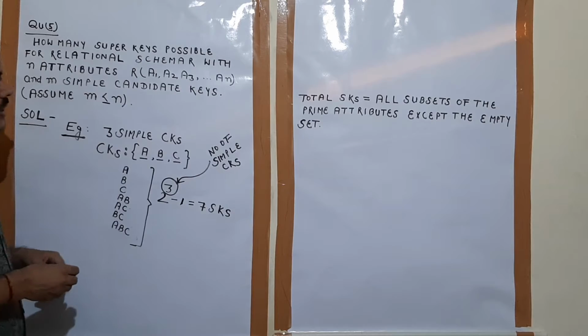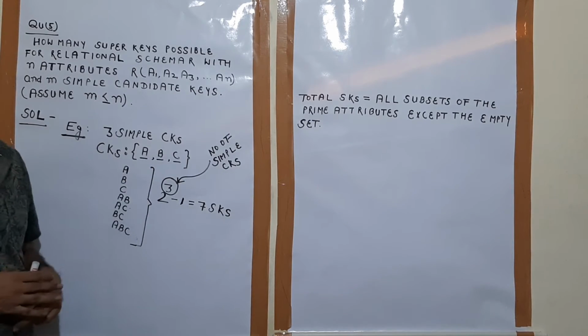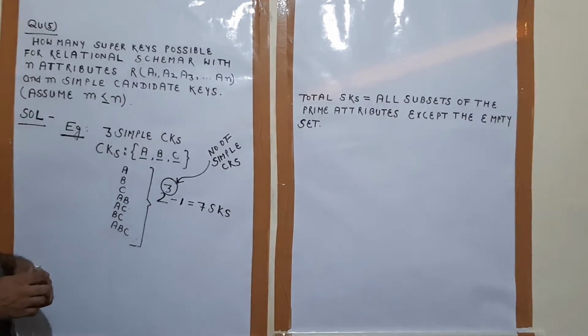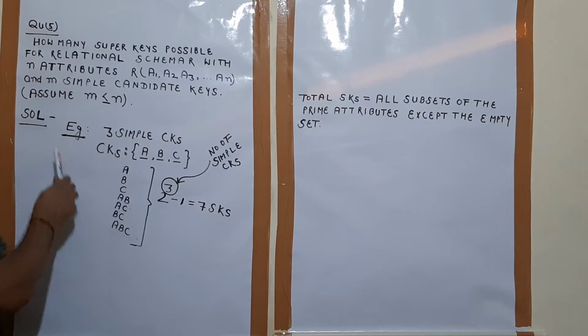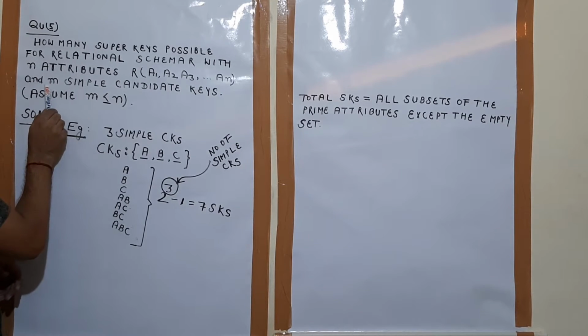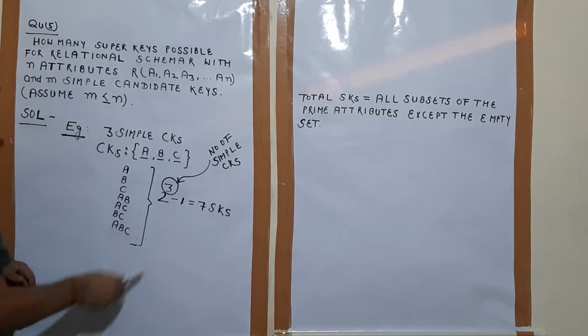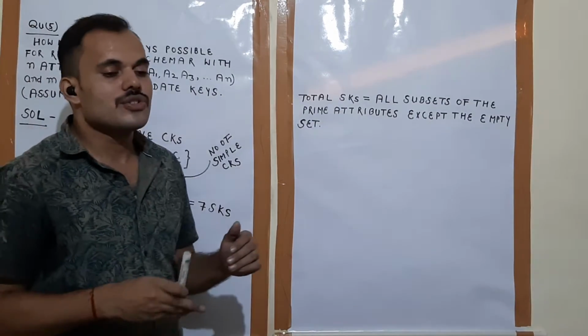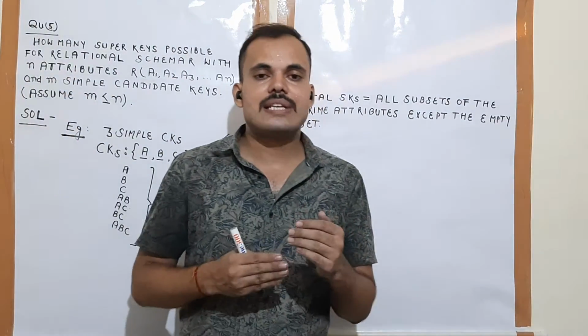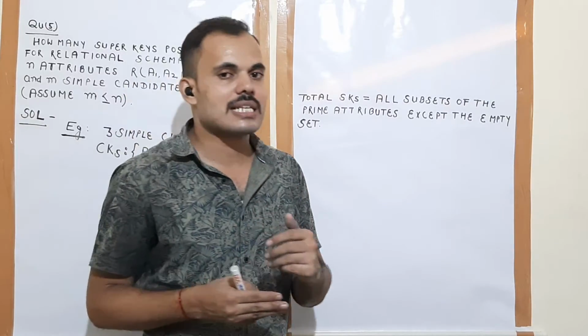Now see, there are 3 simple candidate keys. If there are m simple candidate keys, then total super keys among prime attributes of the relation are computed as follows.